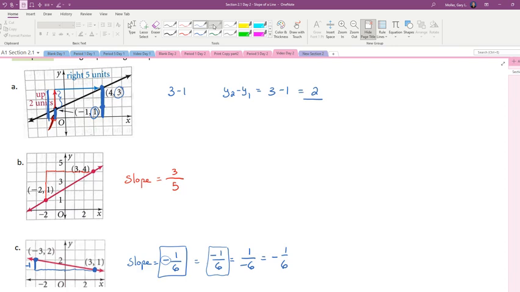And then if I want to find out the x's, I want to figure out how far it is between the x's. So I'd go to x2 minus x1. My second point is at 4, so this is a distance right here of 4.